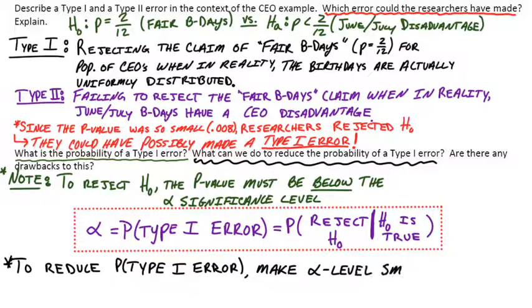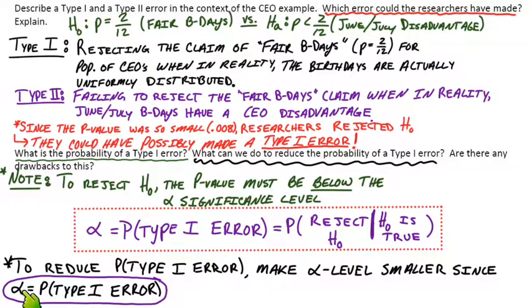So if you want to directly change the probability of a type 1 error, you could just make alpha smaller, since alpha, whatever our significance level is, is the probability of a type 1 error. So that's one dead giveaway, and that's a way that we can reduce the probability of a type 1 error right away. Are there any drawbacks?